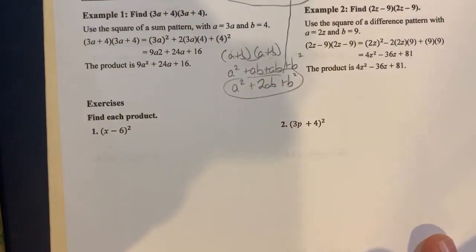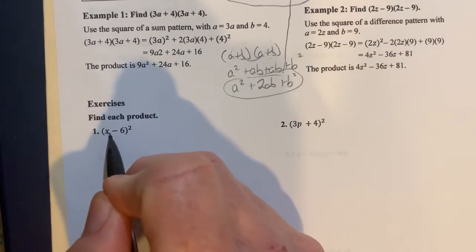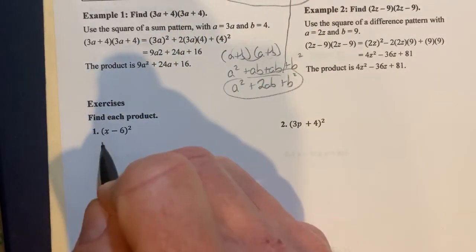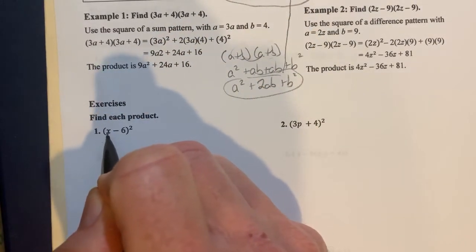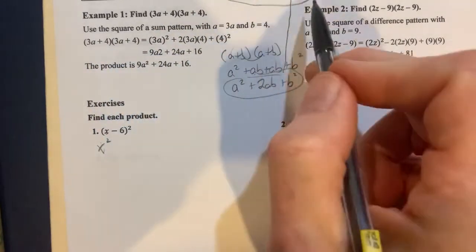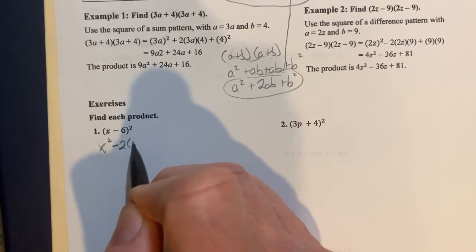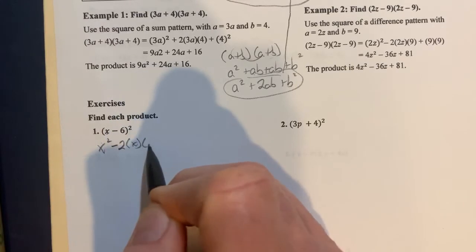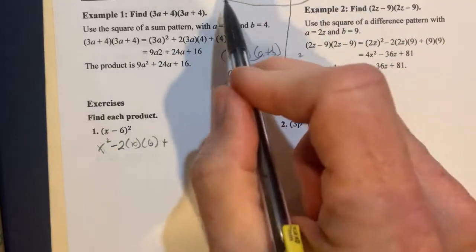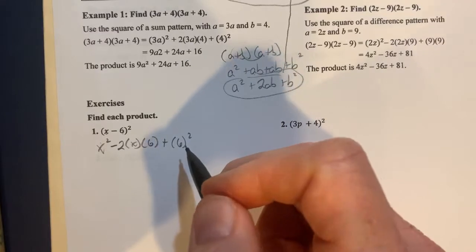So looking at example number 1 here, this is a square of a difference. So this is our a, this is our b. All right, so I'm going to follow this pattern right here. So we're looking at, take that squared, and then it's a minus sign, and then 2 times this, and then we have plus whatever that number is squared, and then we simplify it.